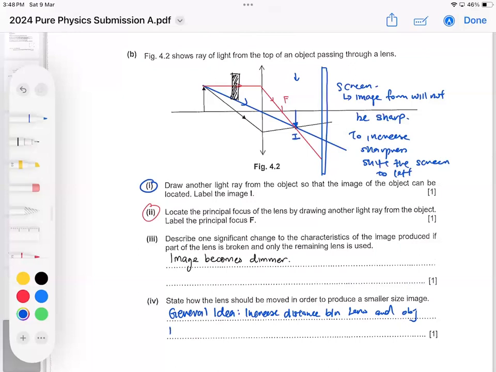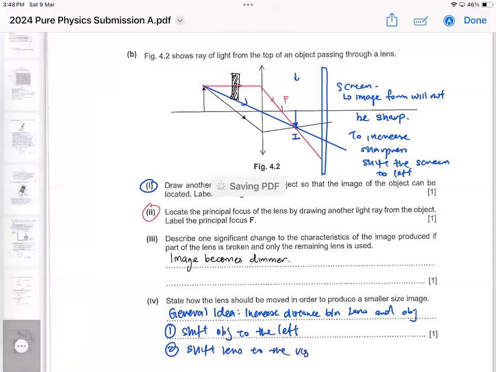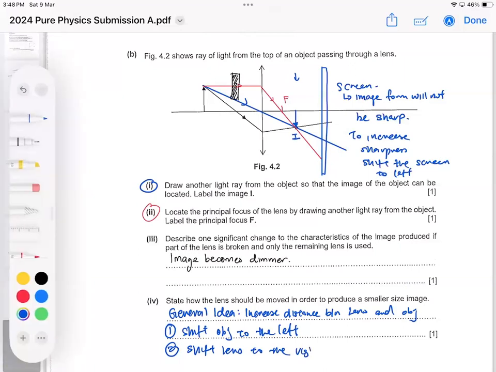So the two ways to do it: number one is either shift the object to the left, or we can shift the lens to the right. But the general idea is always to increase the distance between the two of them if you want the image to be smaller. And if you want the image to be larger, we put them closer together.